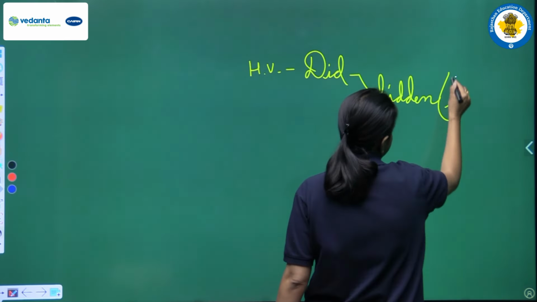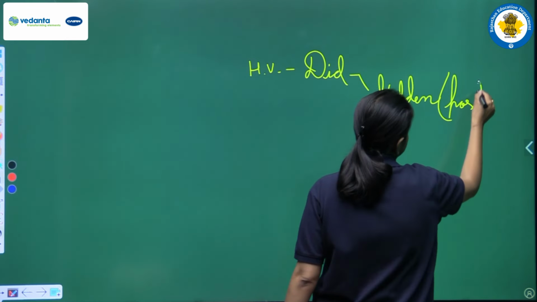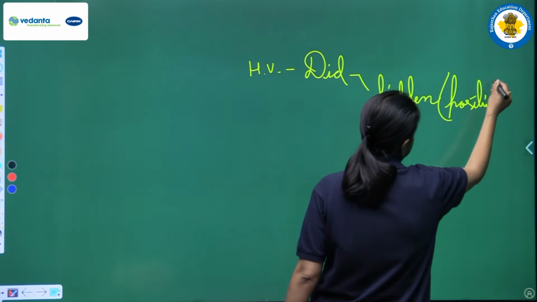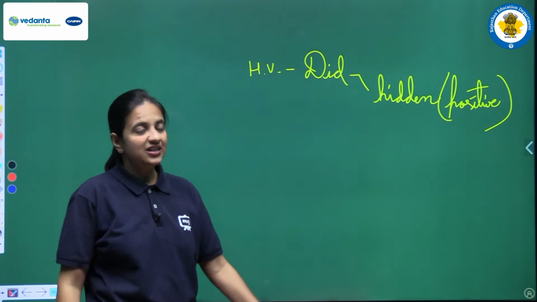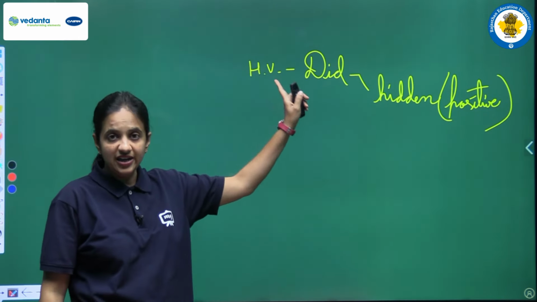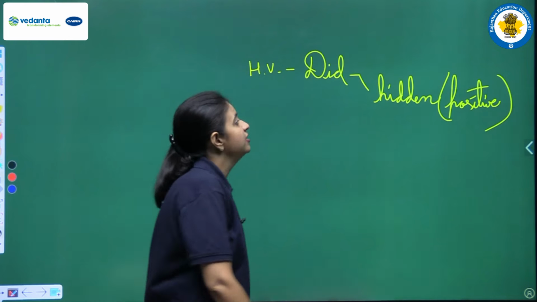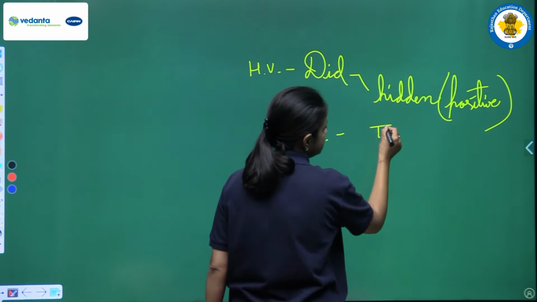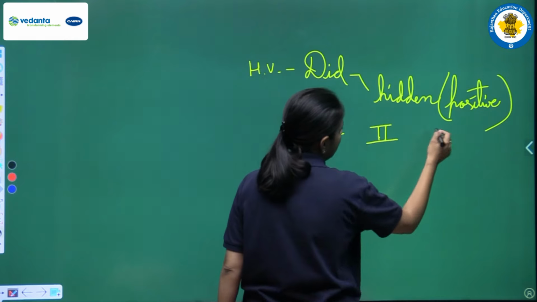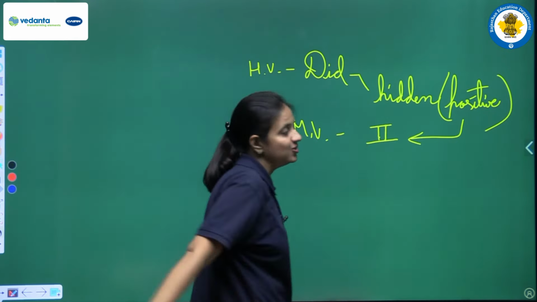If the sentence is a positive one, right? If the sentence is a positive one, then did, it will be hidden, and at that time we have to write main verb's second form, okay, when we are having a positive sentence.